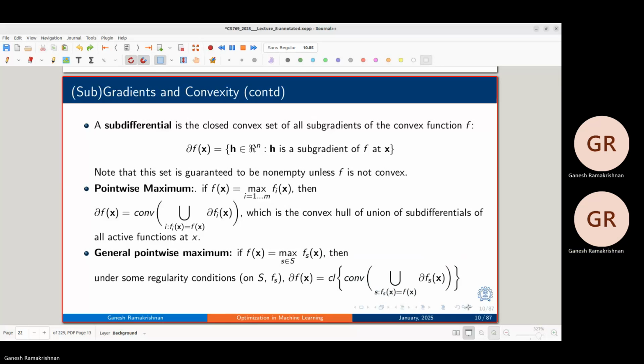Is this less than or equal to the product of the Euclidean norms of V and U? You know this? Can I write this differently? Actually, this results from an optimization problem.